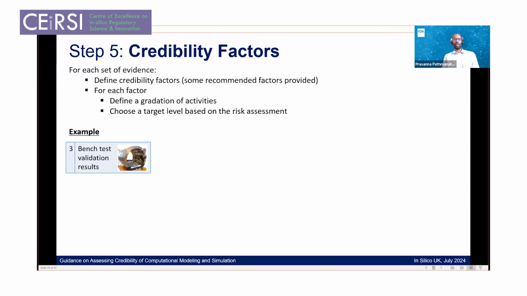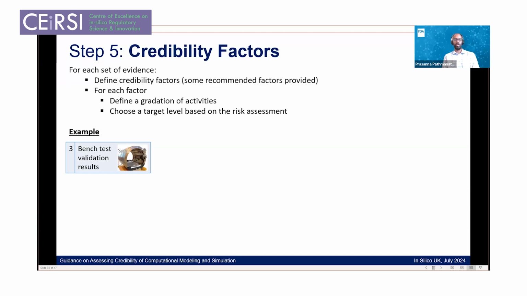It does provide some recommendations, and in most cases it says use the V&V40 factors, but allows the user to modify the V&V40 factors, add new factors, or say factors are not applicable if that's the case for their evidence. And then for each factor, define a gradation and choose a target level based on the risk assessment.